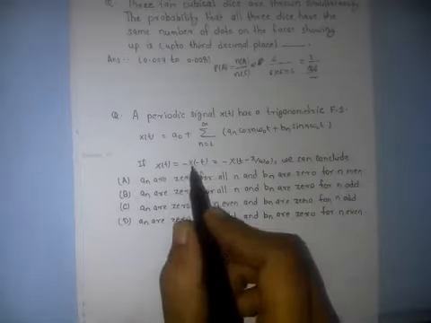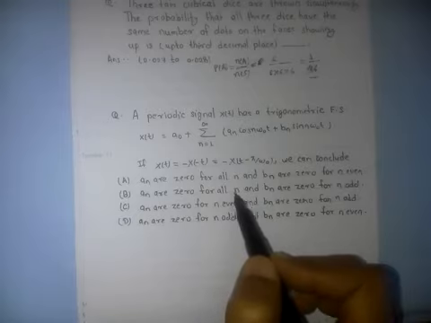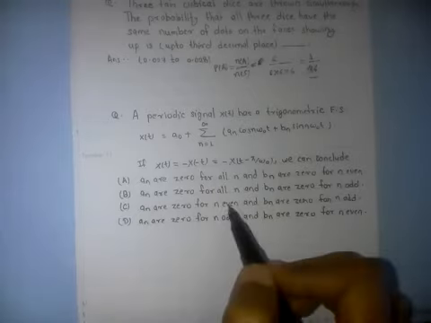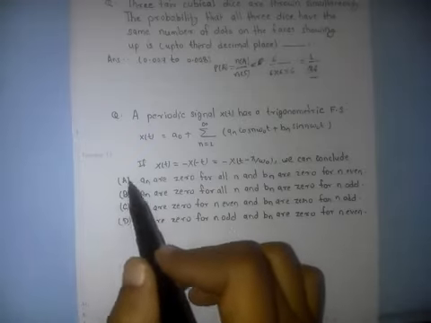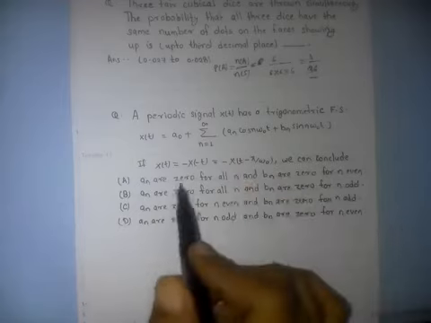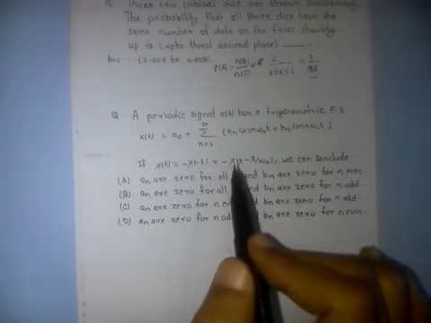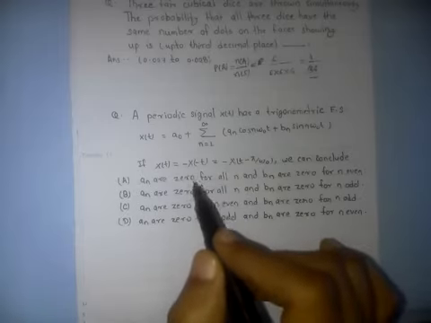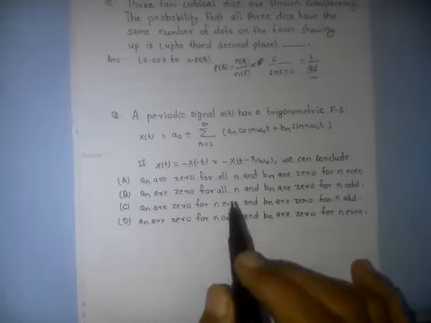So in these two options, a n are 0 for any n, and a n are 0 for n odd. So the above two options a and b can be correct, because a n is 0 for all n, because this is an odd signal.